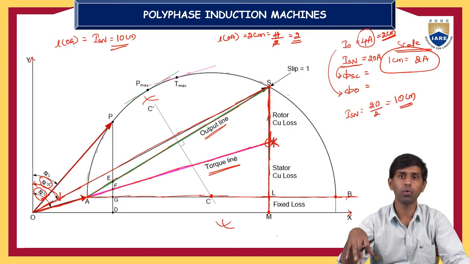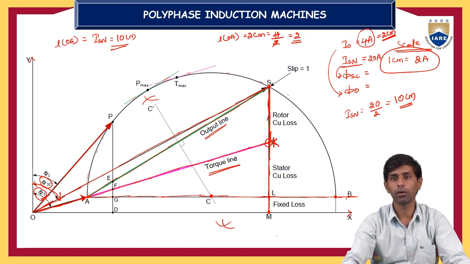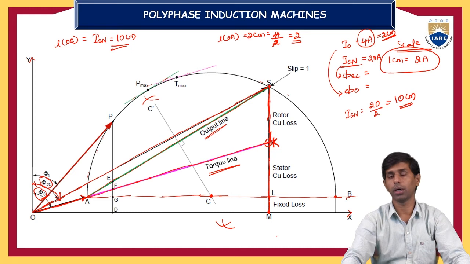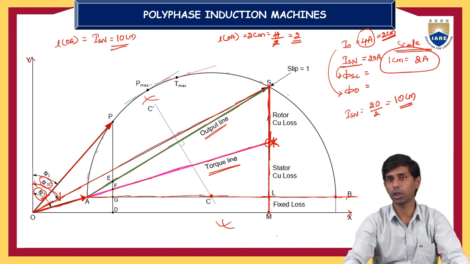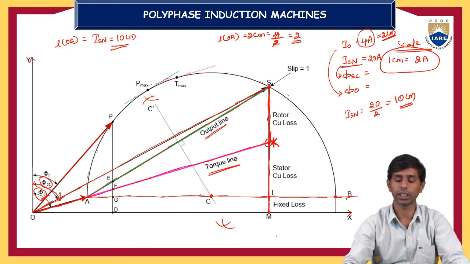So to find the full load point on the circle, we have to know the rated output power of the induction motor. Once you know the rated output power, convert into power scale, that is 4 centimeters.